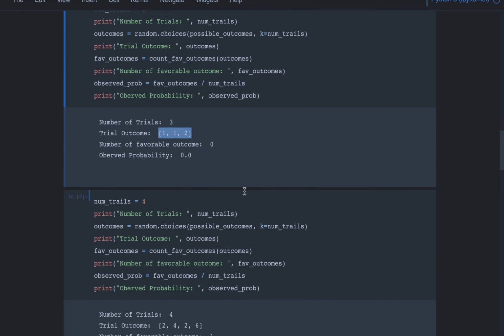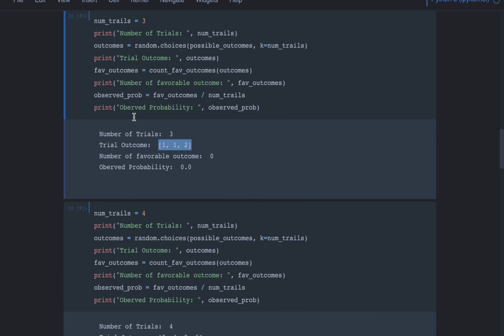So as you see, when we compute the probability using simulations or experiments, we need to repeat the experiment many number of times, so that we sample enough or all possible outcomes. Only then can we compute the probability accurately.